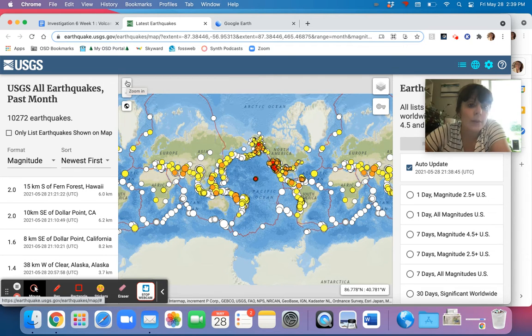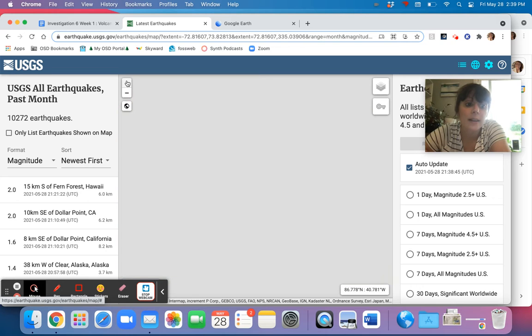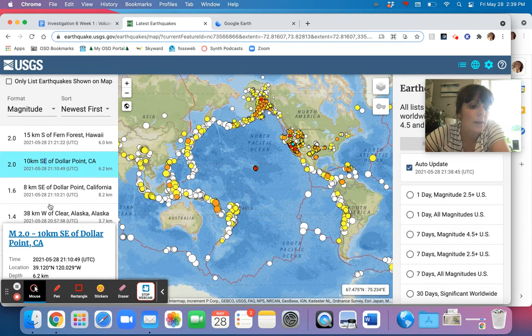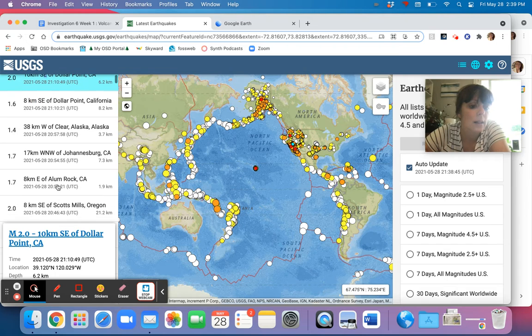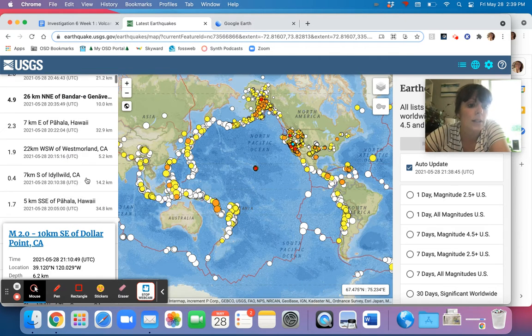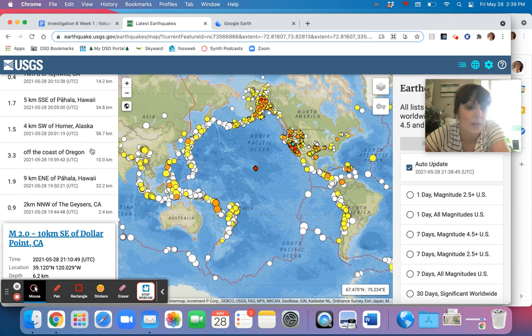So this is pretty live data for earthquakes happening on Earth. You'll notice the date is always whatever day you're looking at it. So there's been a lot of earthquakes today. Hawaii, California, Alaska, California, Oregon, Hawaii, California, Hawaii, Alaska, Oregon.